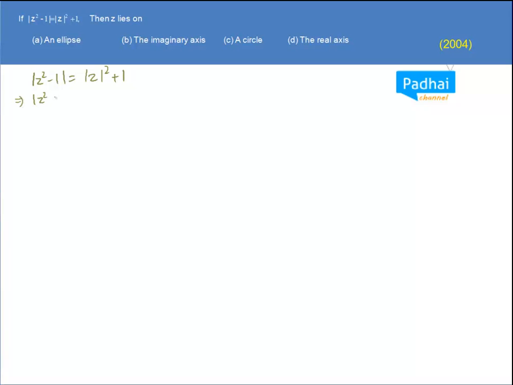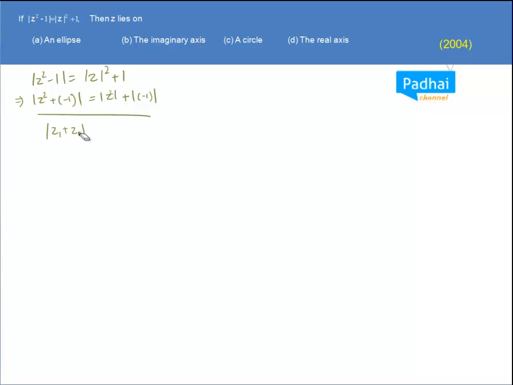I can write this as... and I can take the square inside also, that is not a harm, and this will be |z²| + |−1|. If you observe this very carefully, this is nothing but |z1| + |z2|.